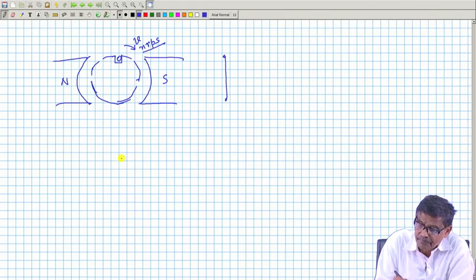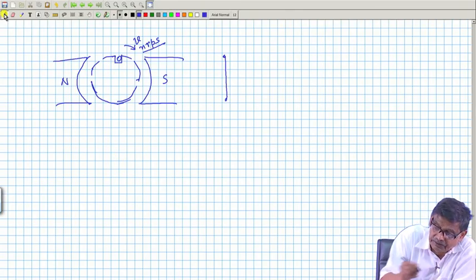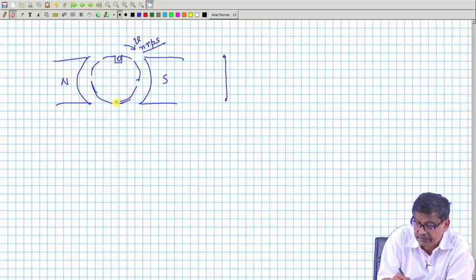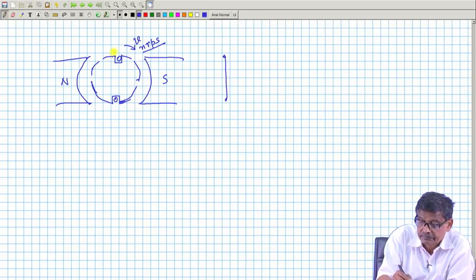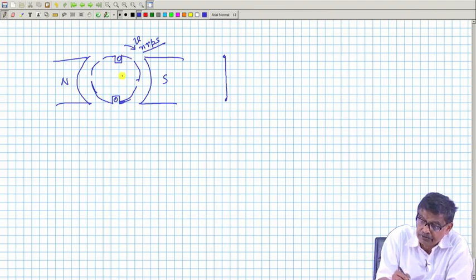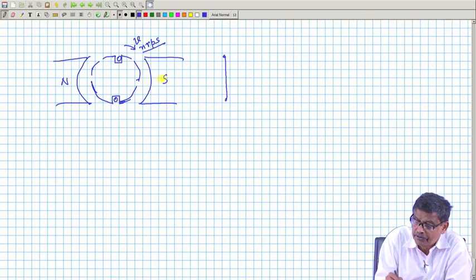Or if you feel, put another coil side here. So, voltage across the coil is 2 BLV at any time and it will be 0 here, then either positive maximum or negative maximum.